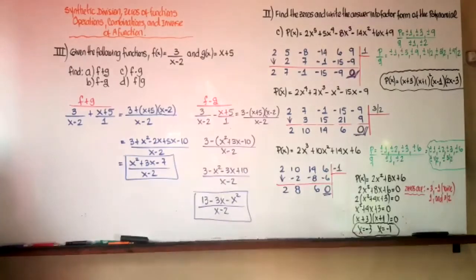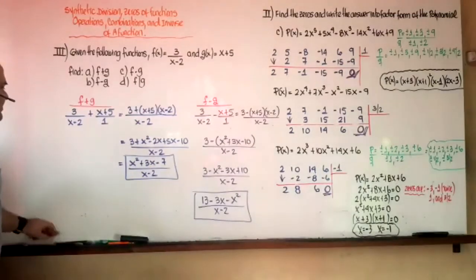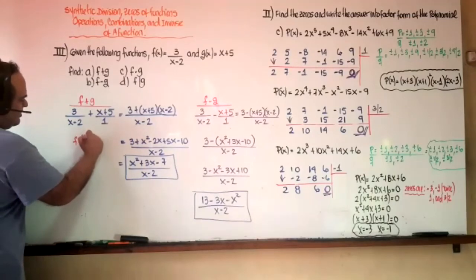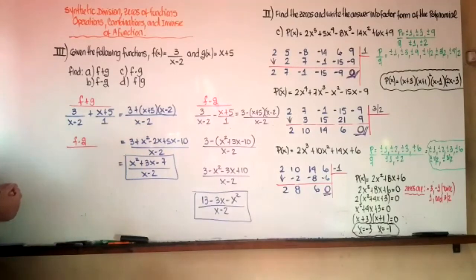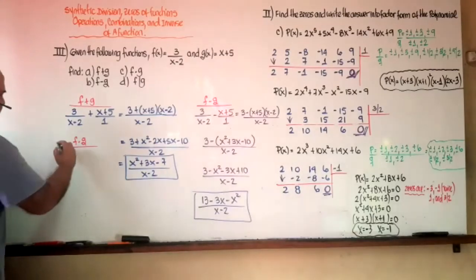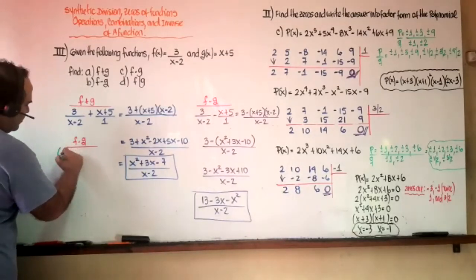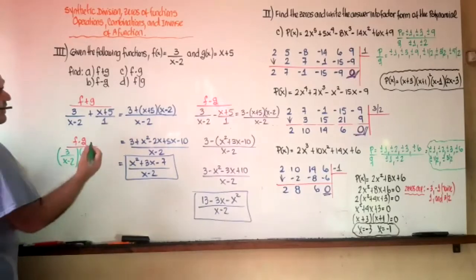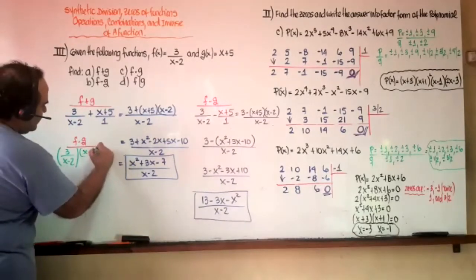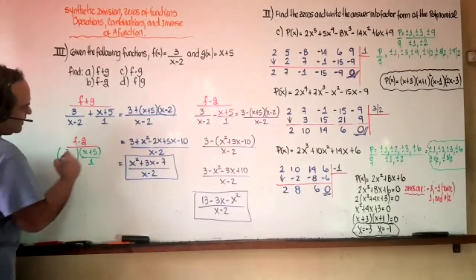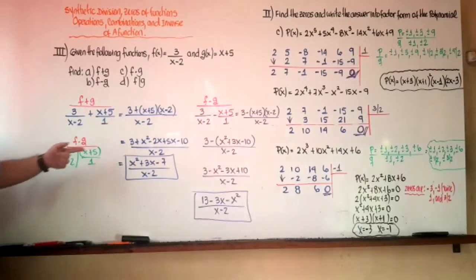And just to finish, because we are almost out of time, we have the product f times g. In this case, we're going to multiply the fractions. I mean, the first fraction is 3 over x minus 2 multiplied by x plus 5. Remember, multiplying fractions, we have the number 1 as an imaginary denominator. We must multiply straight across.